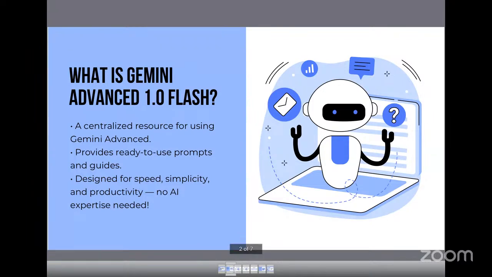It provides ready-to-use prompts and best practices to simplify your work, and it's designed for speed, efficiency, and ease of use. So you don't need to be an AI expert. With this tool, you can generate content, analyze data, and optimize workflows in just a few clicks.